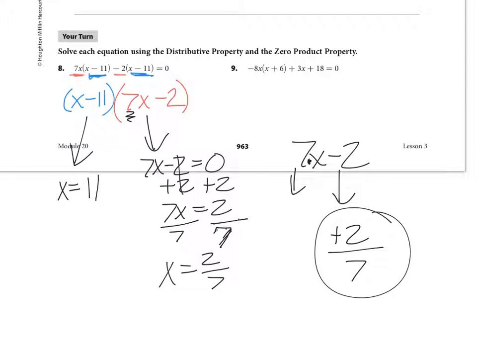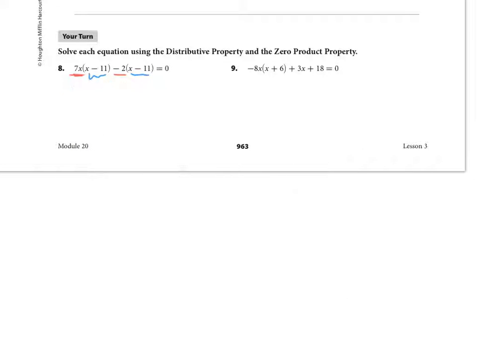So let's go over to the other example, and let's do it real quick. Okay, so if we look at this one, we don't see a common factor. However, let's take this right here. What will go into 3x and 18? Well, 3 will.